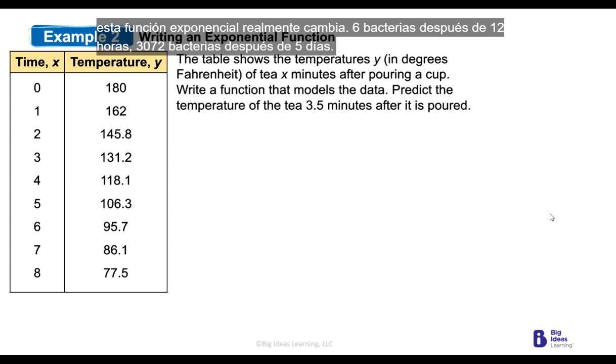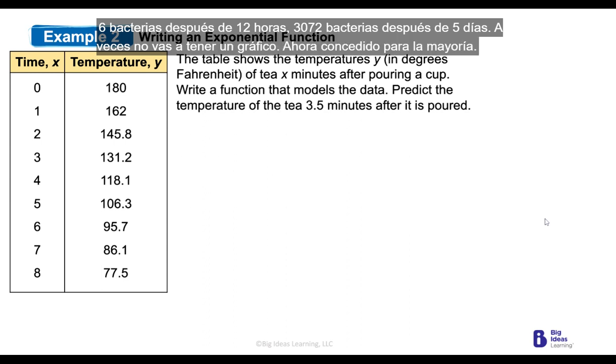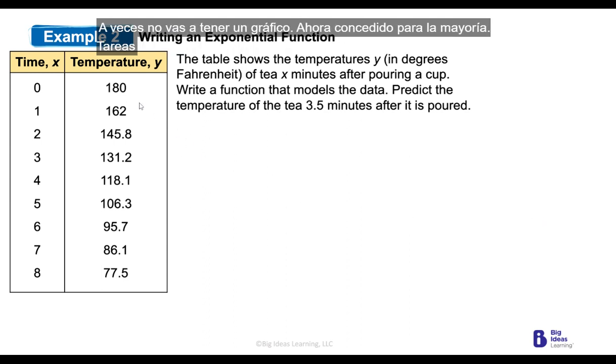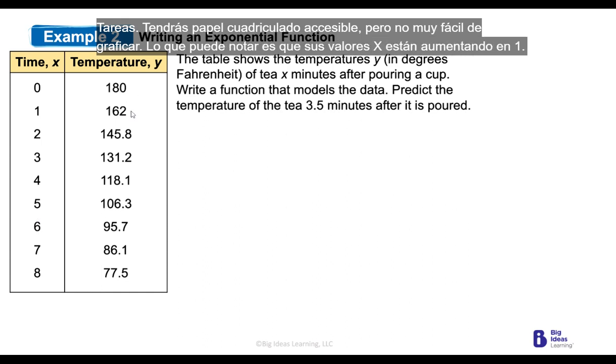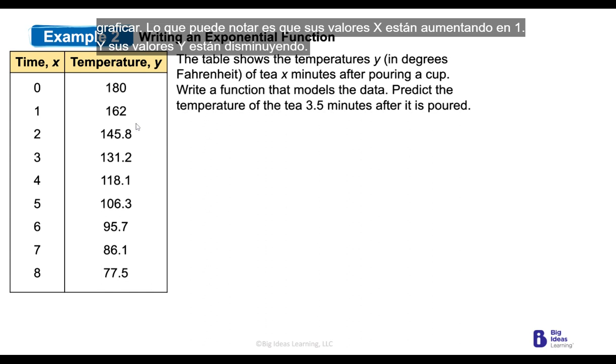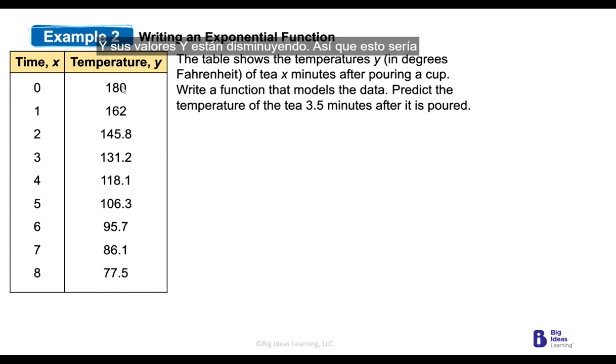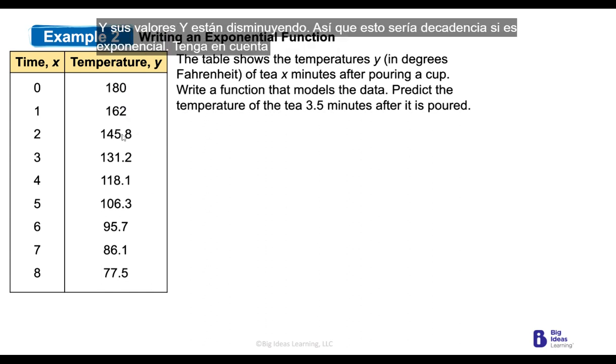Sometimes you're not going to have a graph. Now, granted, for most tests, you'll have graph paper accessible, but not terribly easily graphed. What you can note is that your x values are increasing by 1 and your y values are decreasing. So this would be decay if it's exponential. Notice that we have 18 less, and then this is not 18 less.